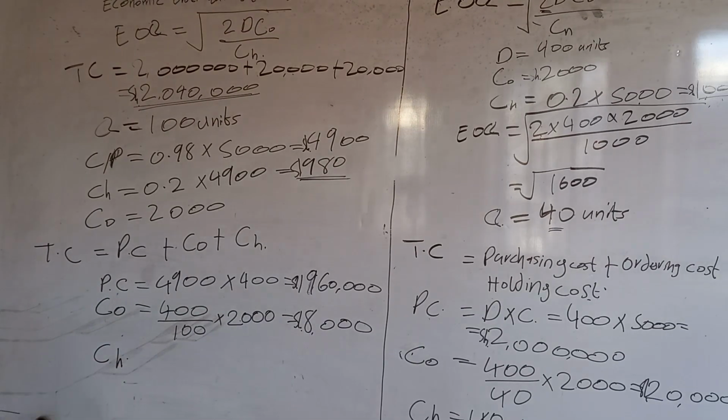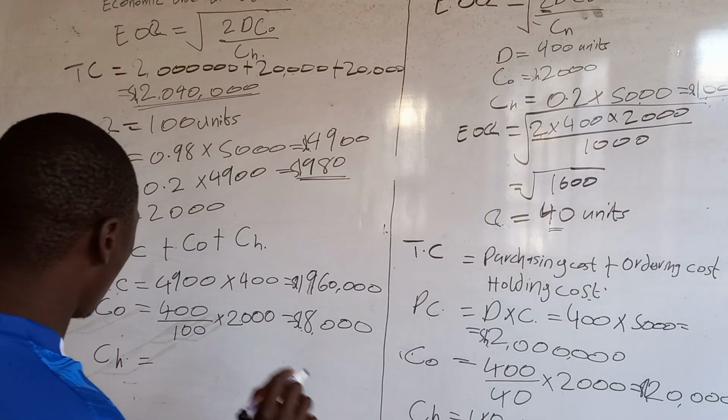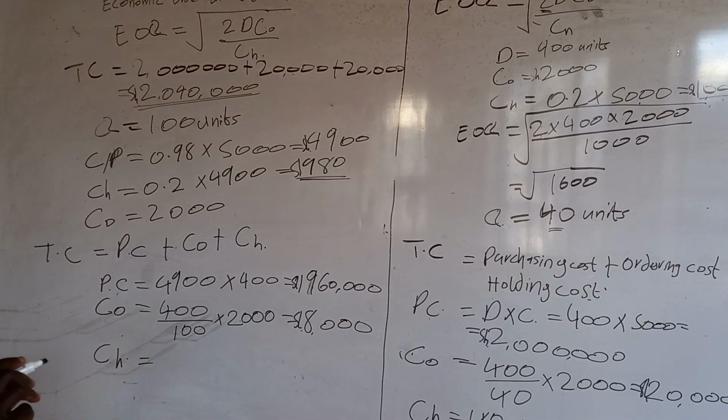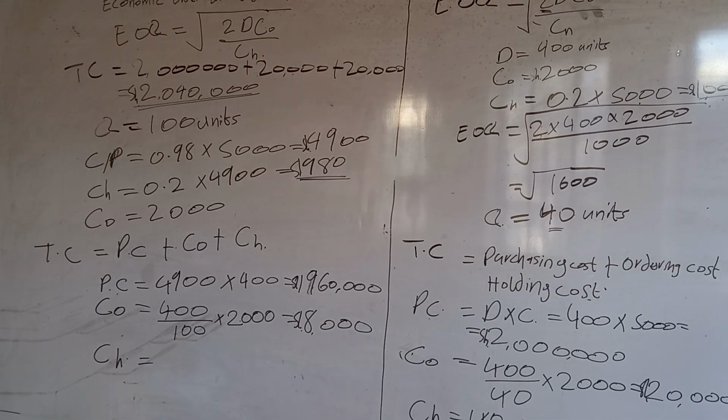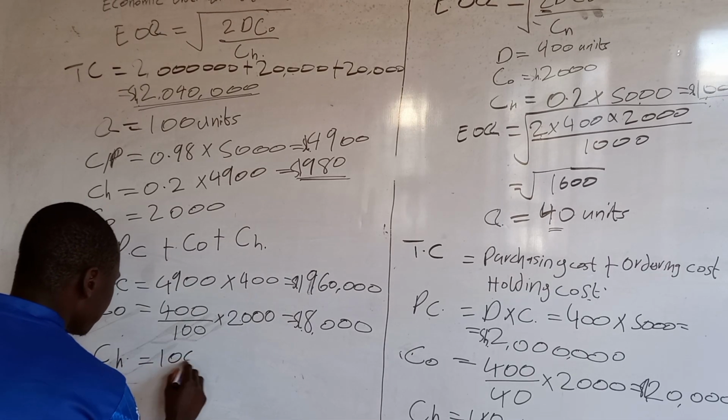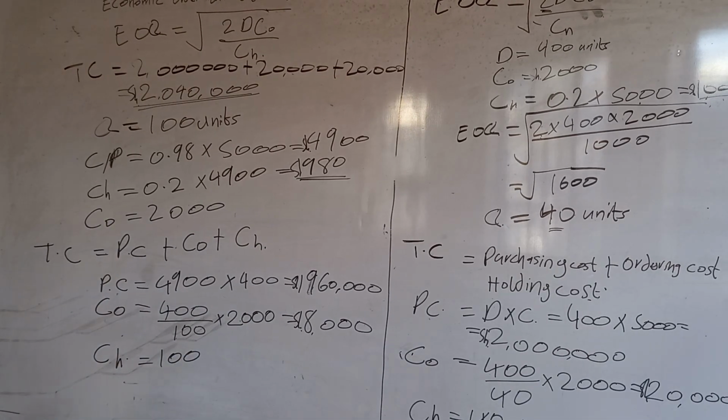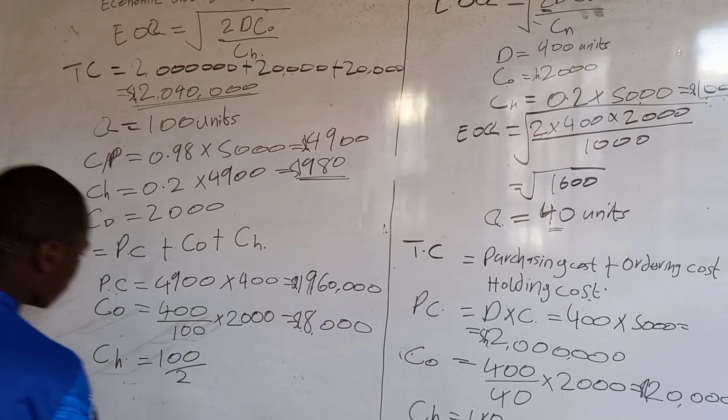Now, holding cost. Holding cost is always the average of our order, the number of units we order per order, times the holding cost per unit. So, how much are we ordering? This 100. At this point, we get the average, we divide it by 2.